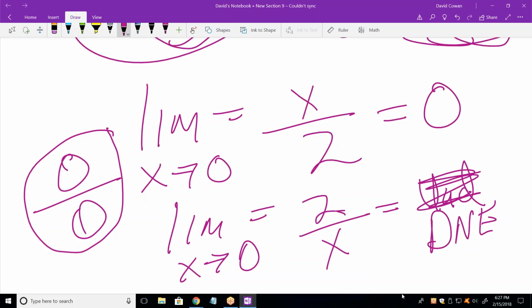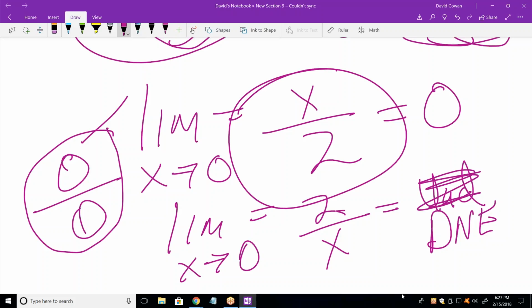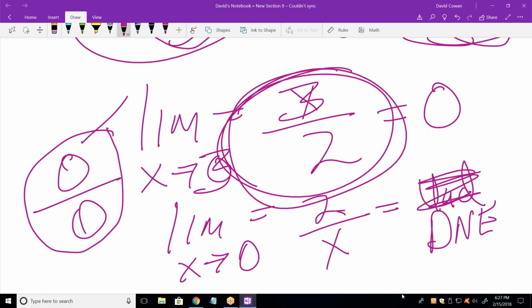In other words, at some point when they're giving you limit problems, they're only going to give you 0 over 0. These aren't tough anymore. If they say, what is it as x goes to 3, you plug it in, it goes to 3 halves. That's a piece of cake. That's not a hard limit problem.